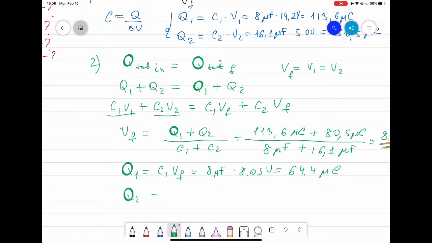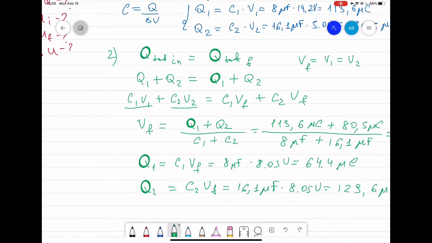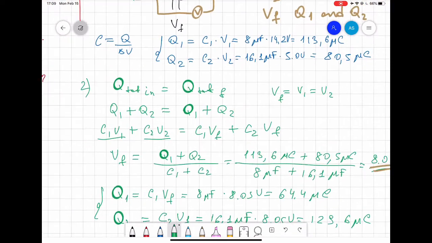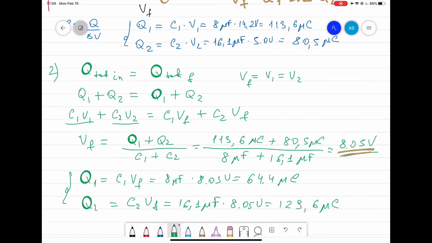Then Q2 is equal to C2 V final, which is 16.1 microfarad multiplied by 8.05 volts, which gives 129.6 microcoulomb. These are the final charges when they are connected. You can use either capacitor for the change in charge and you will get the same answer.